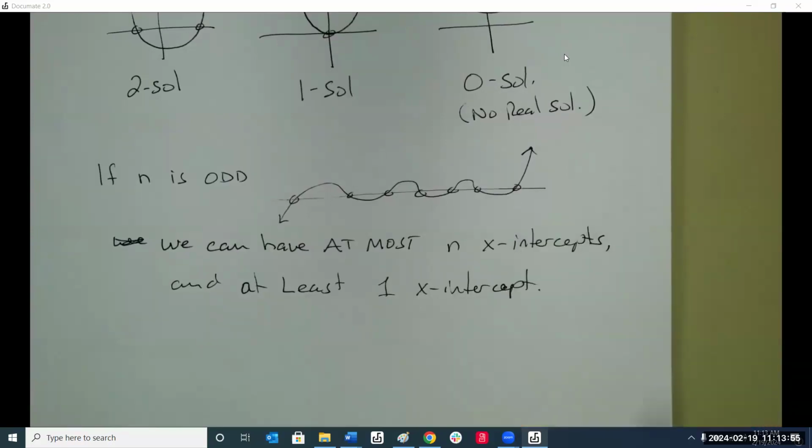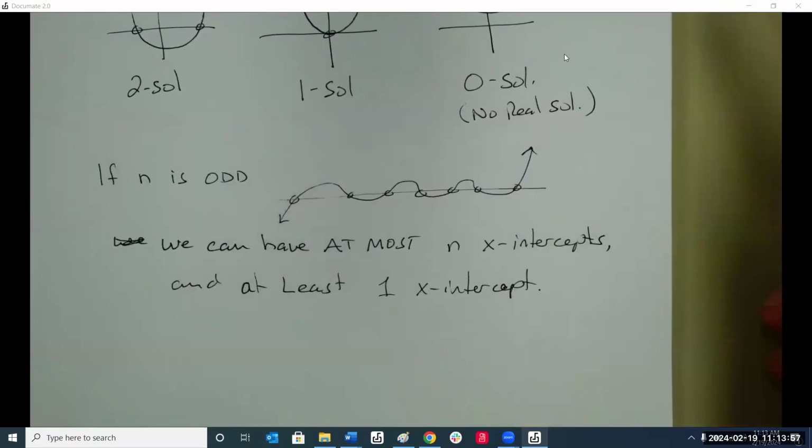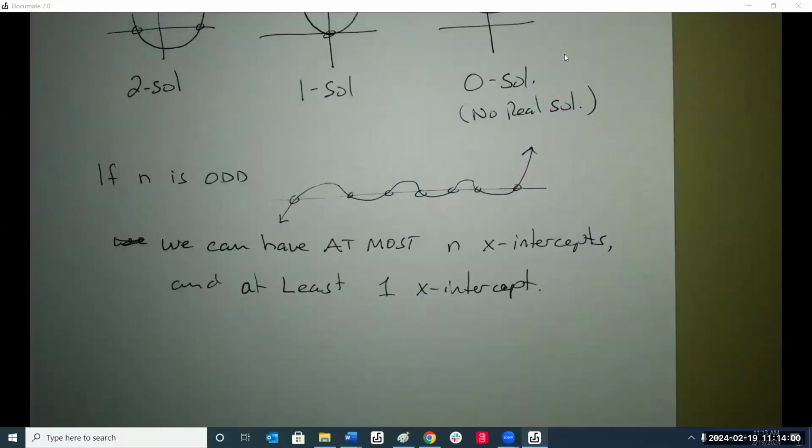Because they're pointing opposite direction, one of these directions has to cross the x-axis.